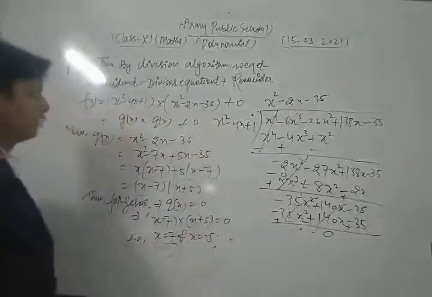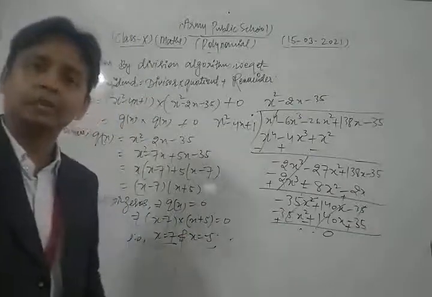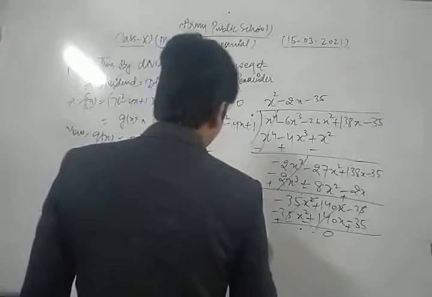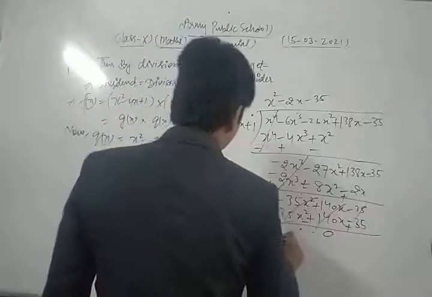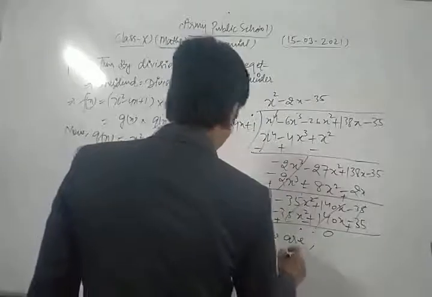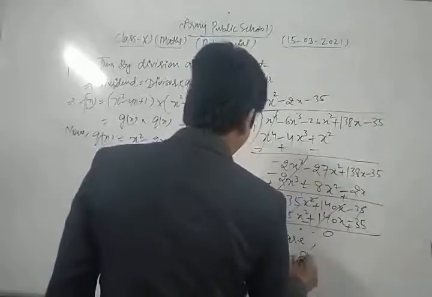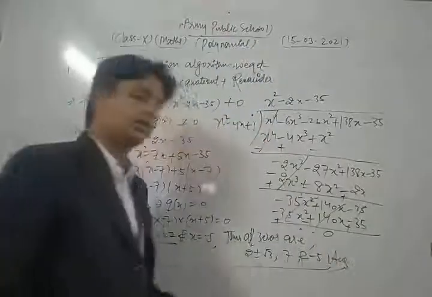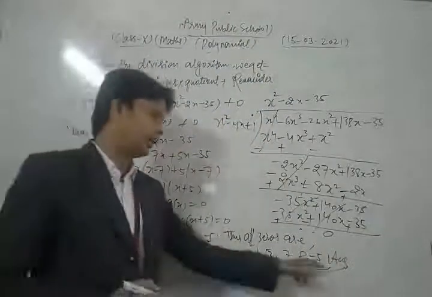So in this way we also find the two remaining zeros. Thus all zeros are 2 plus minus root 3, 7 and minus 5. This is the complete answer. Four zeros are there.